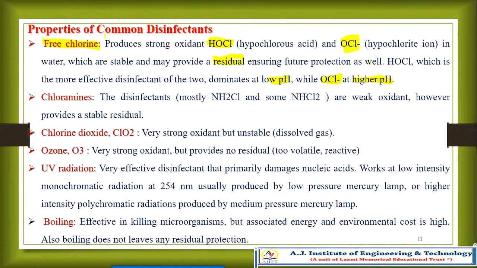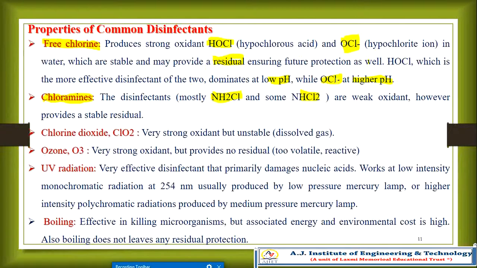Those are the properties of free chlorine. Now coming to chloramines, here the disinfectants are mostly NH2Cl and NHCl2, monochloramine and dichloramine.